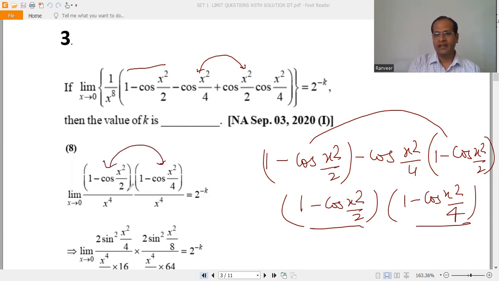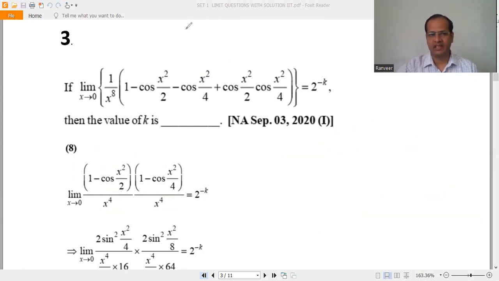Now after that, of this x to the power 8, we separated x to the power 4. The reason is that once we apply the formula of 1 minus cos theta equals 2 sine square theta by 2, this value is required. Up to here it is clear.